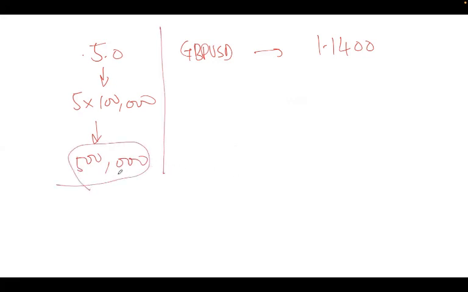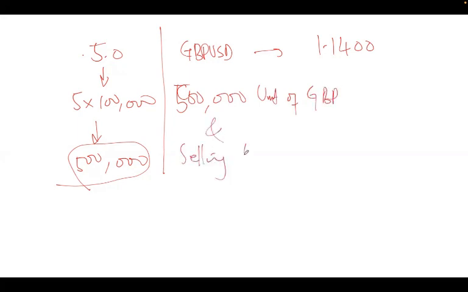Now, it simply means that you need a certain amount of money in your account to be able to purchase that. So you're buying 500,000 units of GBP and selling at the same time 500,000 units of USD.